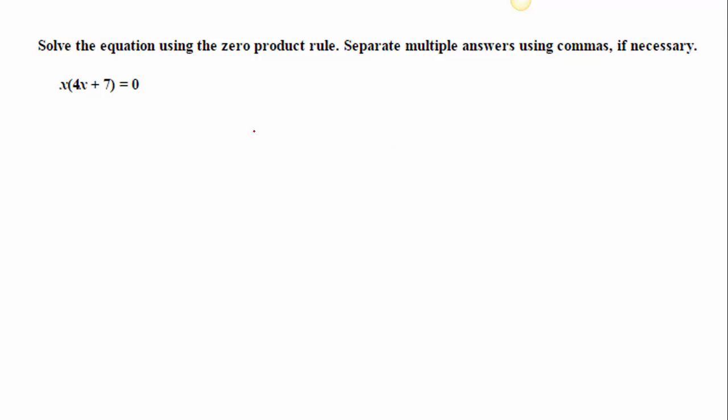Solve the equation using the zero product rule. Separate multiple answers using commas if necessary. Okay, so this x is multiplied by 4x plus 7 and we are getting a 0. Let's remember, if you multiply 3 times 5, would you get a 0? No. If you multiply 2 times 4, would you get a 0?